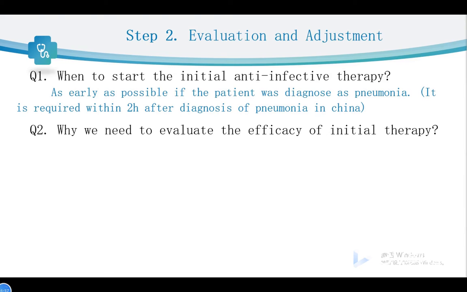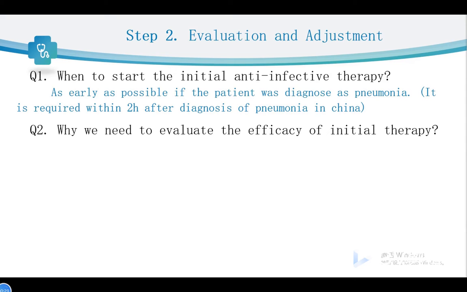So that's why I have another question. Why do we need to evaluate the efficacy of the initial therapy? We just talked about that. We need to start the initial anti-infective therapy as early as possible. So, we can only choose the antibiotics according to the recommendations from the guideline because of the unknown microorganisms.